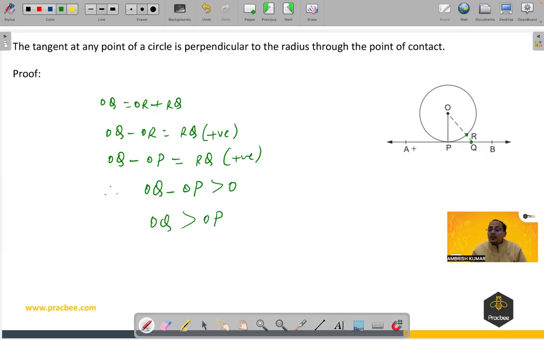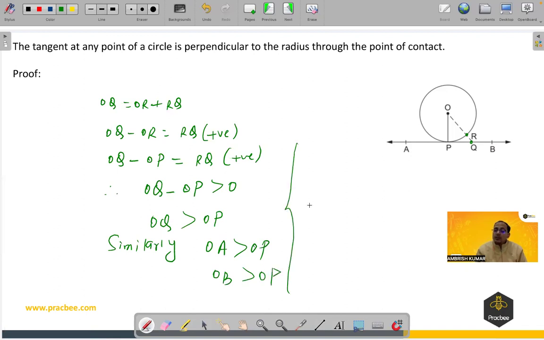In the same manner, if you take some other point like A or B, there also similarly we can prove that OA is also greater than OP, OB is also greater than OP. So therefore we can conclude that OP is the shortest distance.